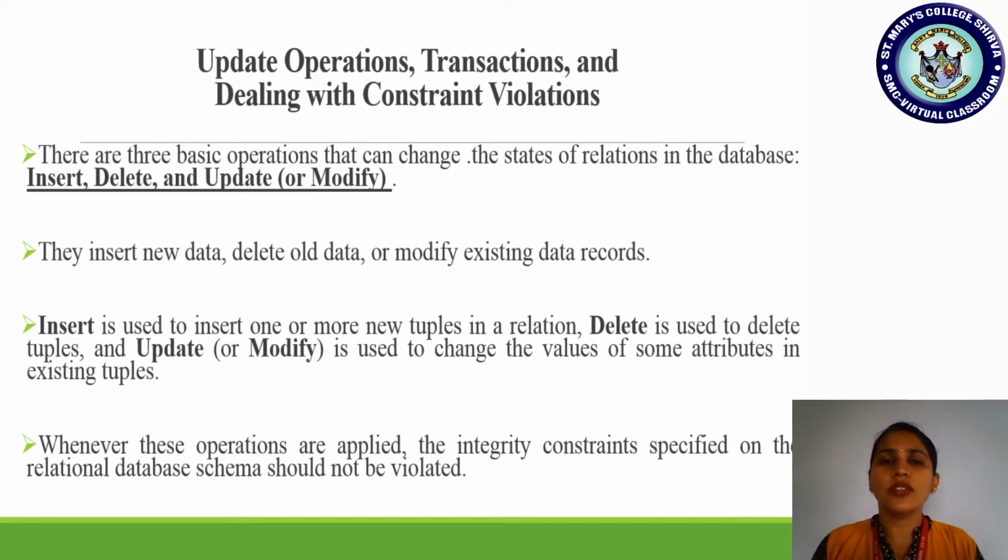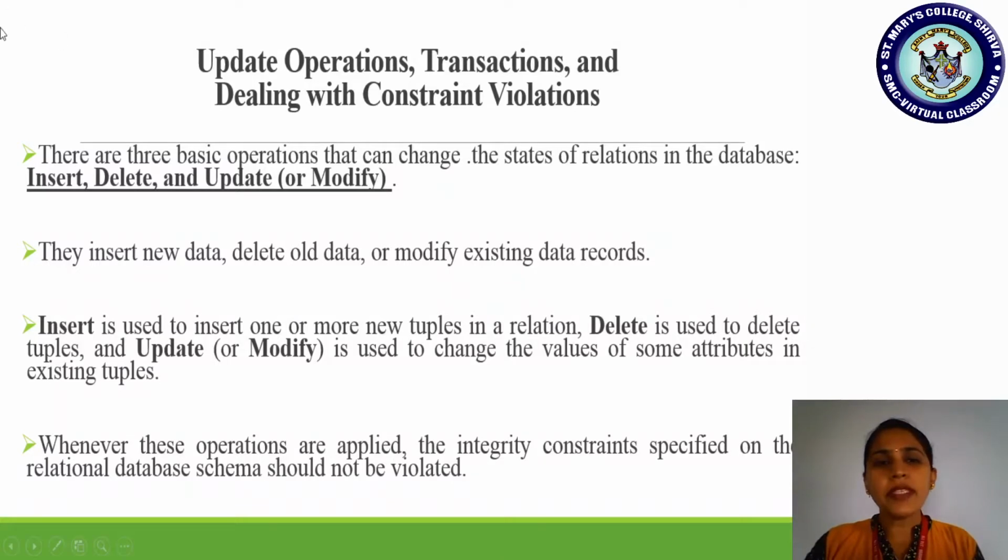Or, for example, the primary key value entered should be unique. If the values get repeated while entering, the constraints are violated. If the value is a duplicate, not unique, then you are violating the constraints defined for a primary key. We will understand all such things in the further discussion.